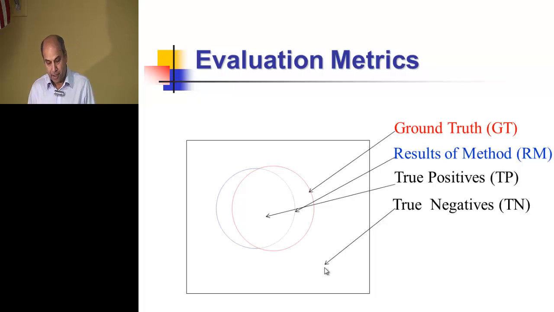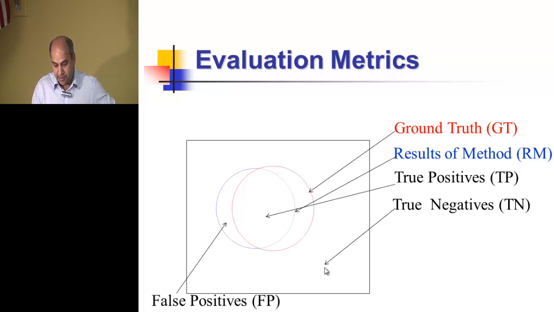Now the intersection of the red and the blue are true positives, because these were in the ground truth and your algorithm also told you they are correct, which is good. In general, we want to maximize that. Then these examples, the algorithm says they are dog, but they are not dog, because they were something else.